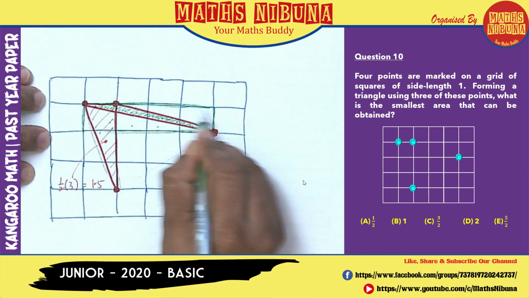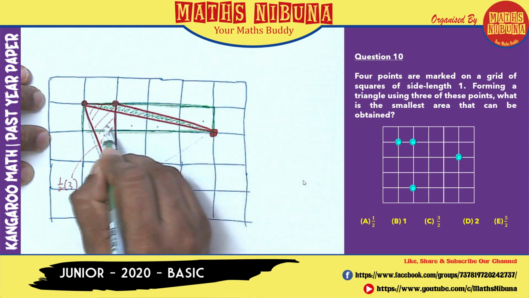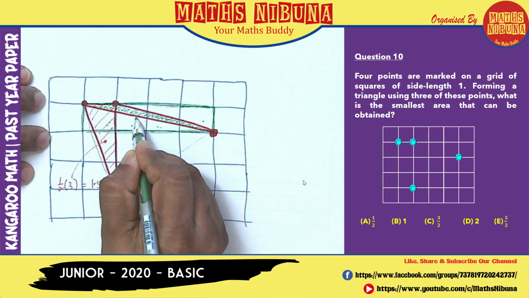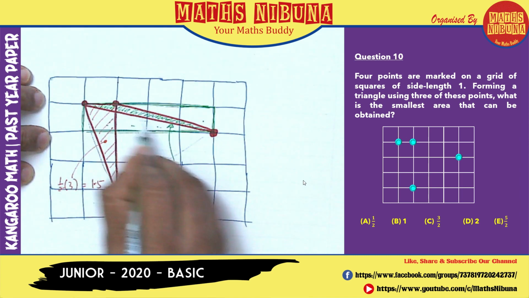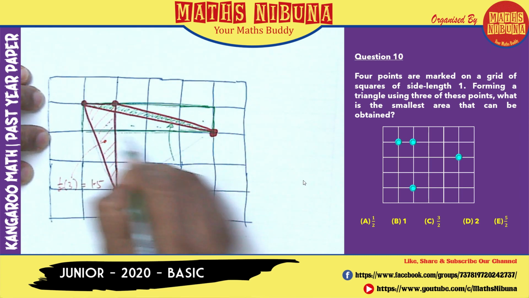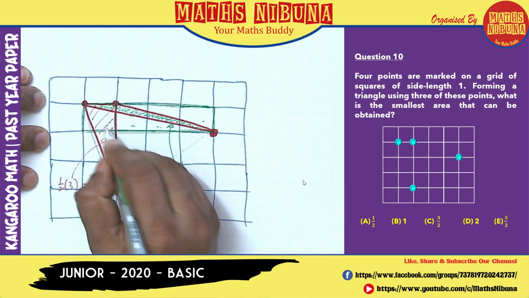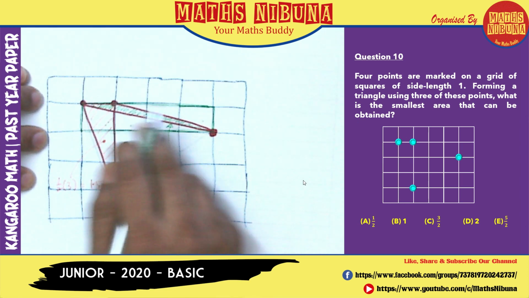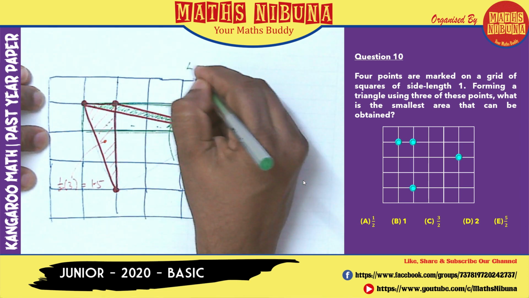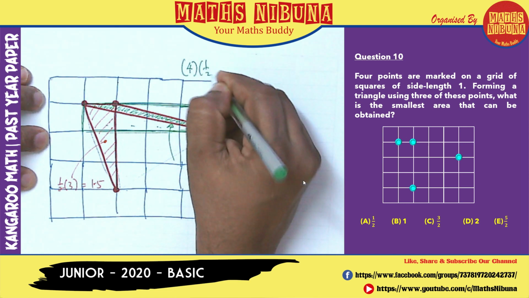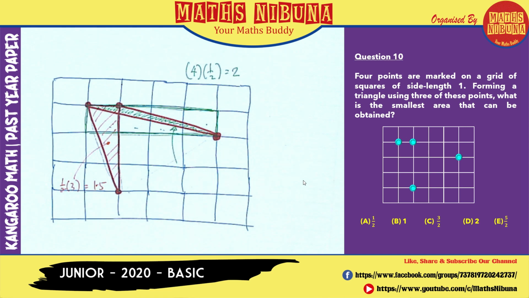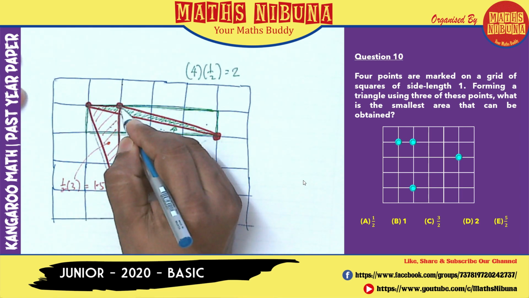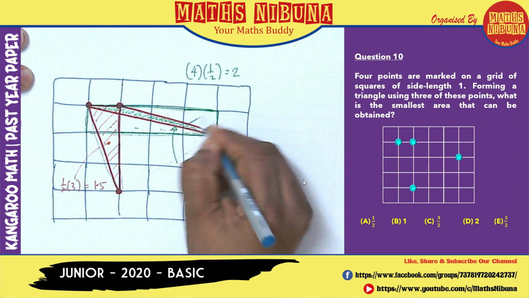You see a green color, we have 4. This line divides the 4 by 1 rectangle in half, 1, 2, 3, 4. We have 4, half of the 4 is 2.